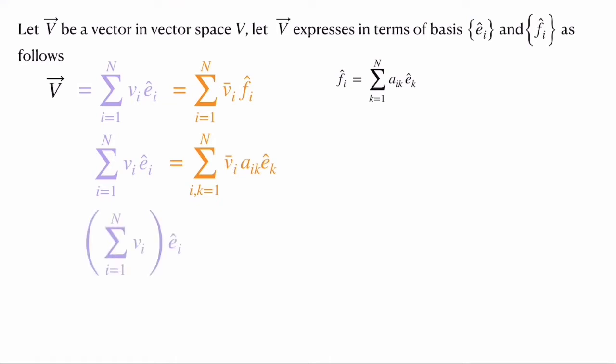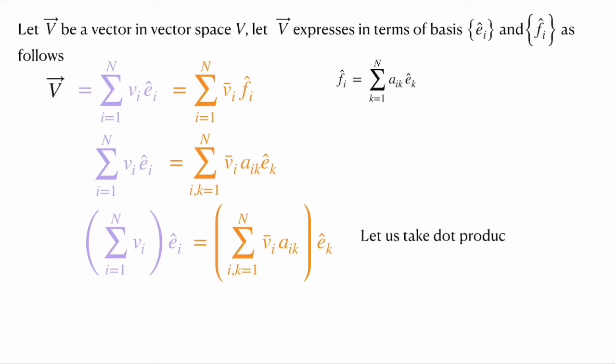Now we factor out Ek just for convenience and understanding. There is no real reason other than just the look of it. And then we take a dot product with the vector El, as we have done in the earlier case.